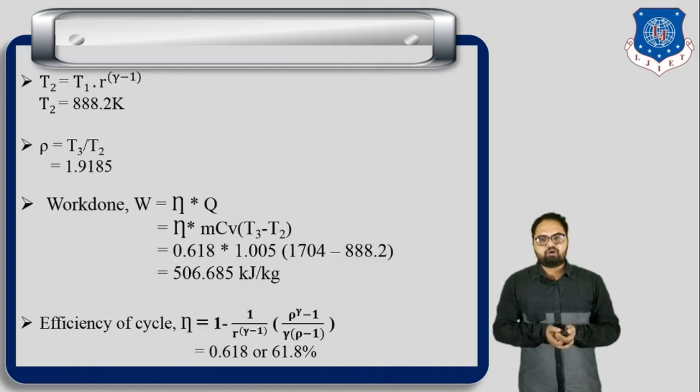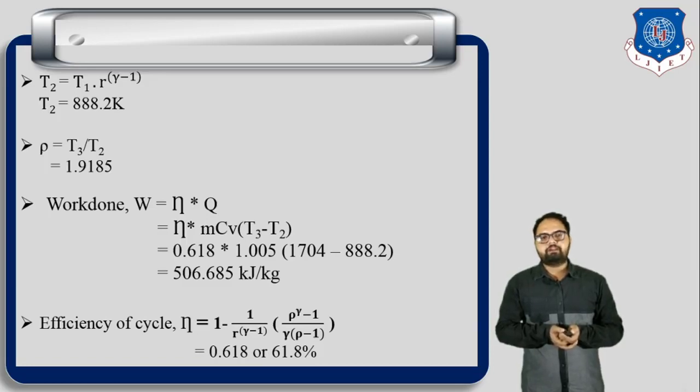We have the value of air standard efficiency of the diesel cycle, that is 0.618 multiplied by CV, that is 1.005, T3 1704 and T2 888.2. By putting all these values, we will get the work done as 506.685 kilojoule per kilogram. Now we need to find out the swept volume, that is Vs.